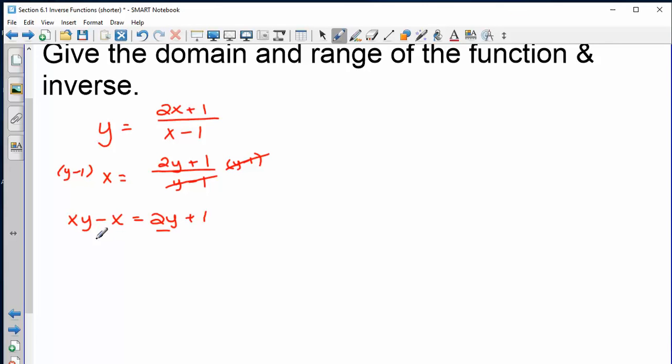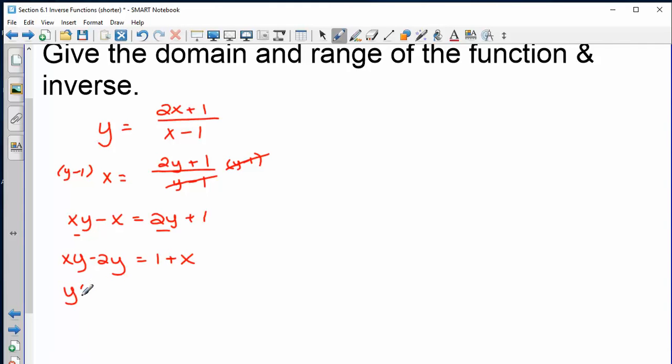We have our y's in 2 spots, so I need everything with a y on one side and everything without it on the other. So I'm going to subtract this 2y, and I'm going to add over my x. xy minus 2y, they're not like terms, so I can't actually subtract them, but what could I do?